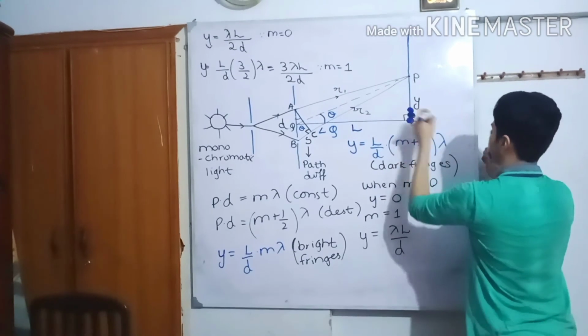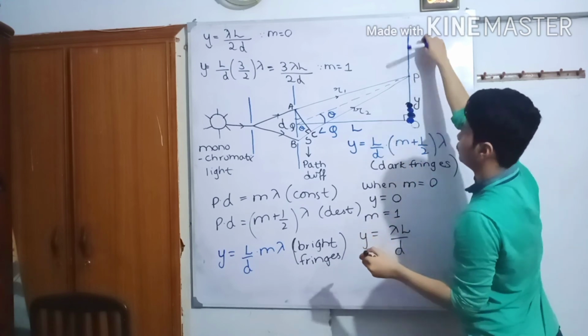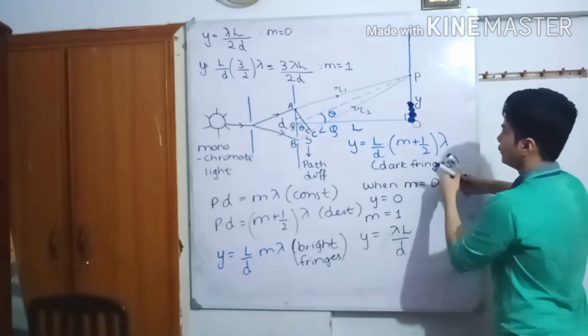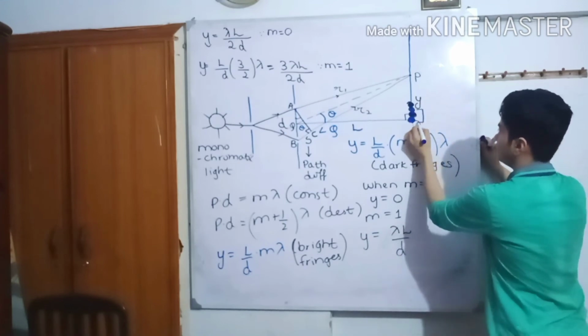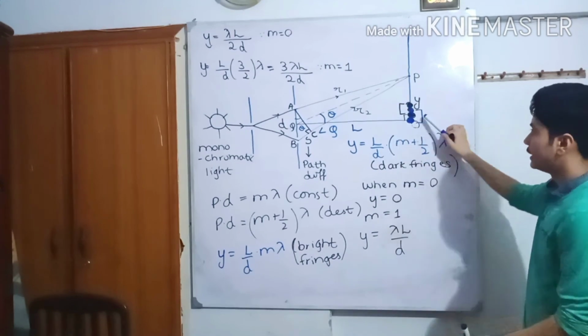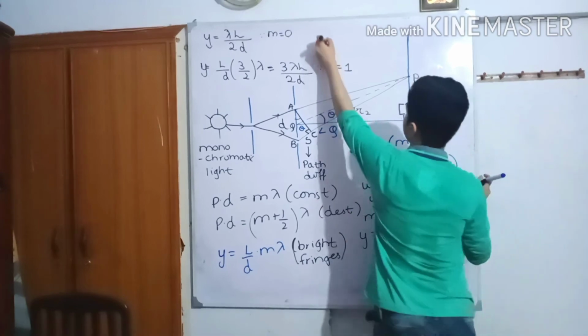Then bright fringe and then dark fringe, like this, continuing upward. The distance between two bright or two dark fringes is called fringe spacing.